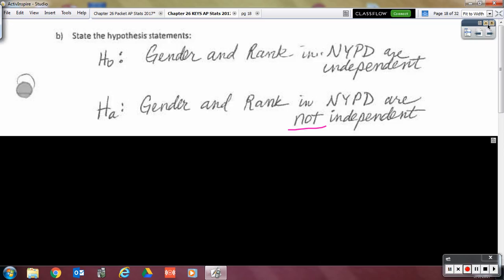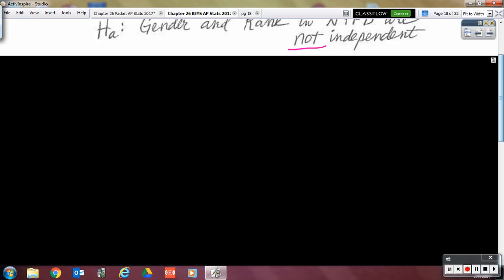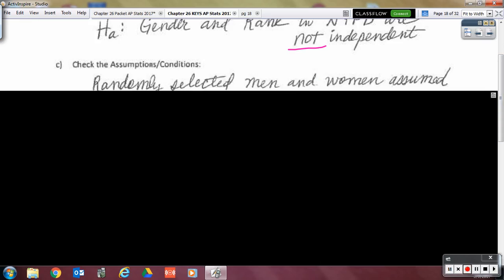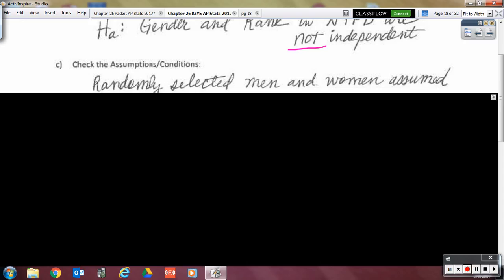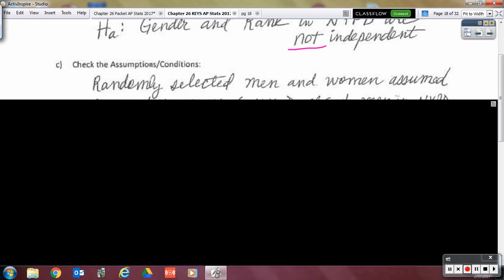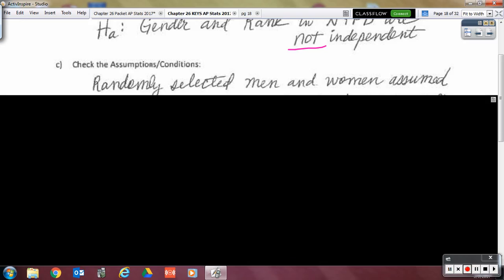All right, so now let's take a look at conditions, because there's a couple interesting things about that. Randomly selected men and women were assumed, because those are my two groups that I'm indicating as the driver behind the ranking. And when I do my independence check, I have to do it for both of those groups.